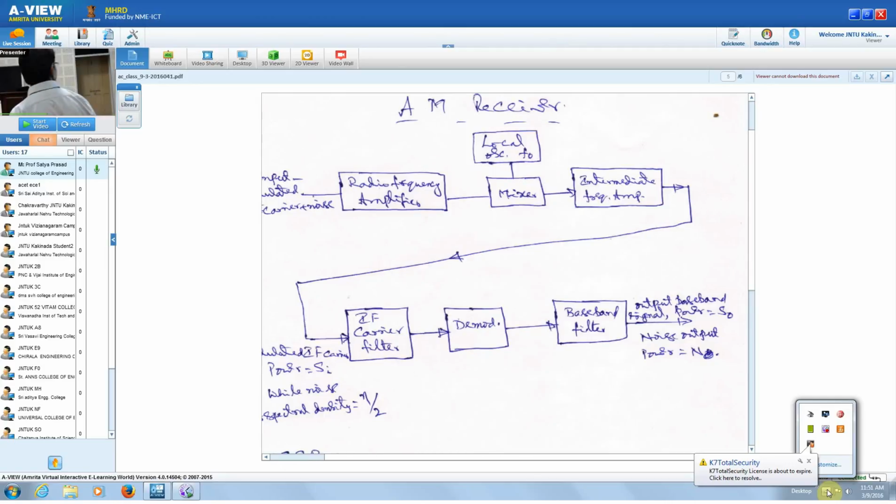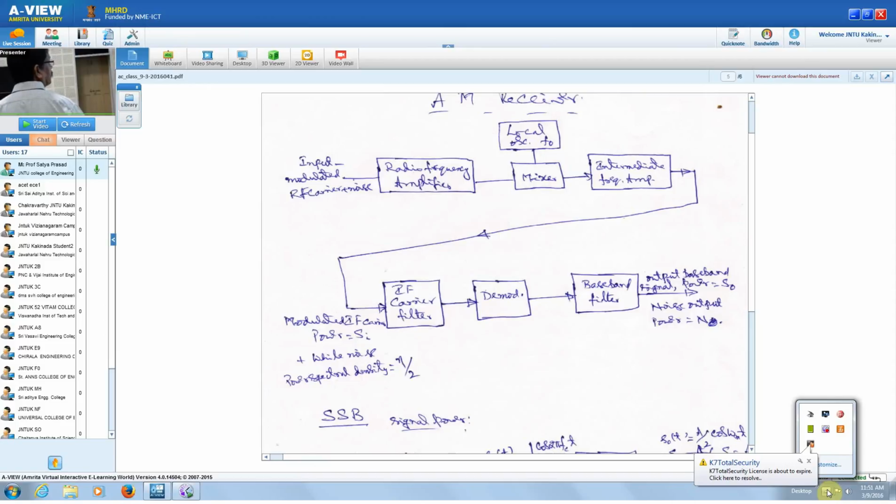Input power is SI, and output power is S naught, after all the filtering and amplification. The output noise power is going to be N naught. So we have S naught and N naught.